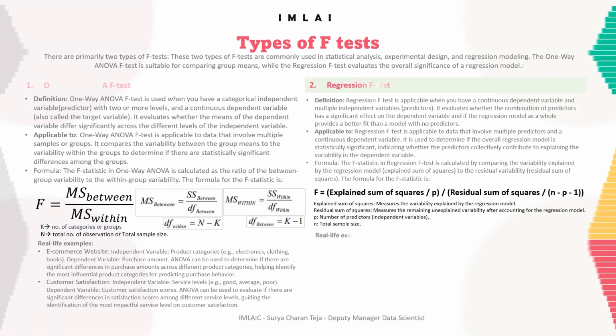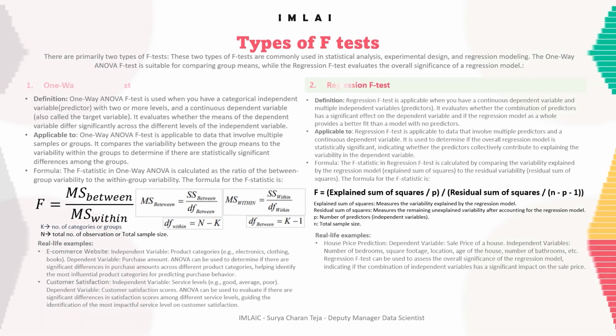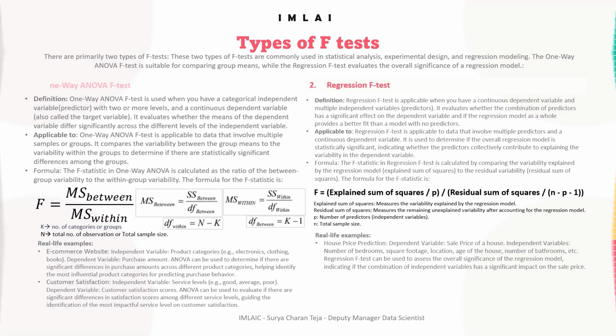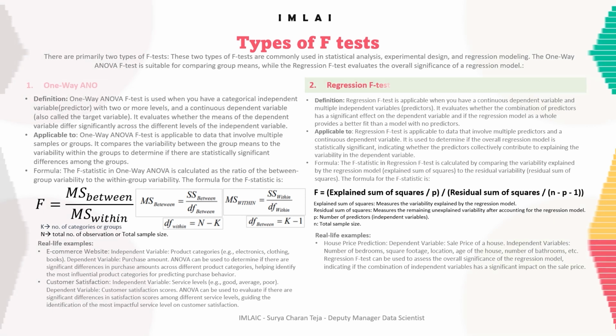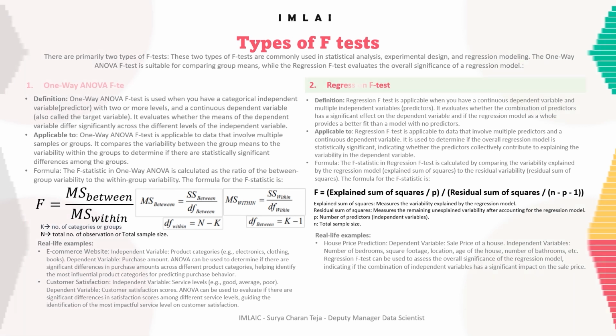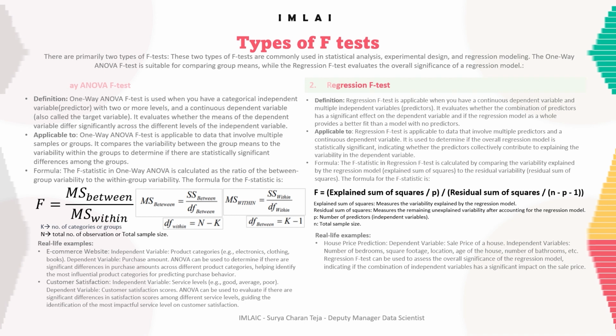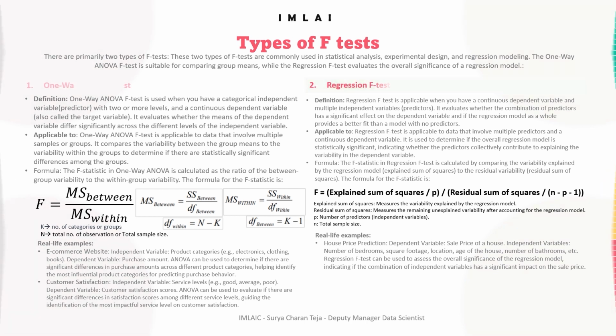Our dependent variable, or target variable, is the sale price of a house, which is a continuous variable. Then we have independent variables: number of bedrooms, square footage, location, age of the house, number of bathrooms, etc. So these are my target variable and these are my predictors.